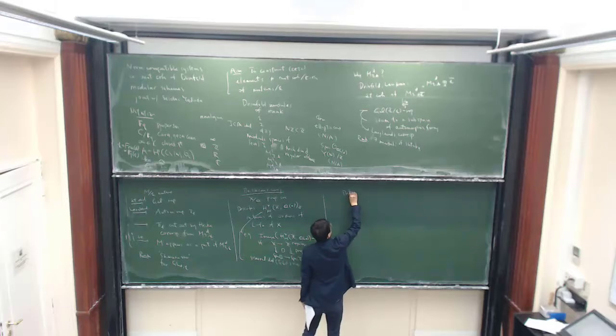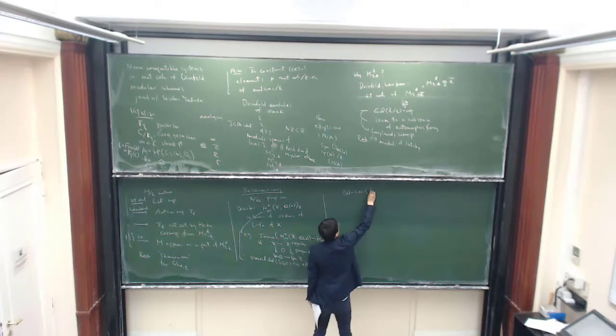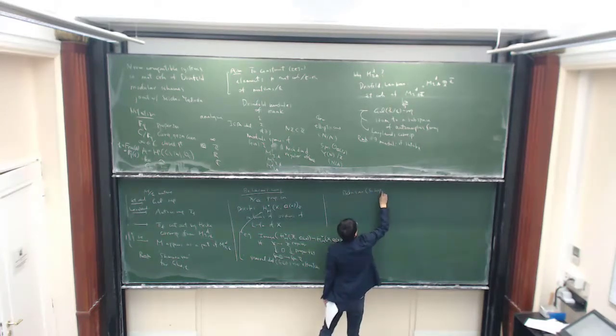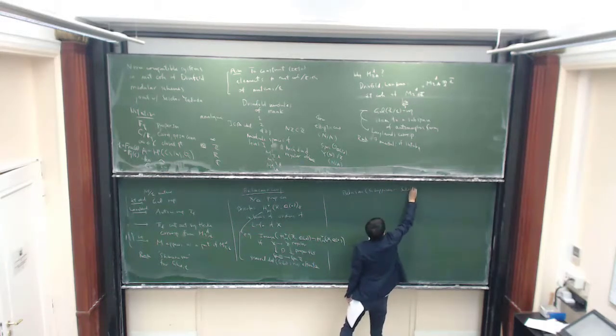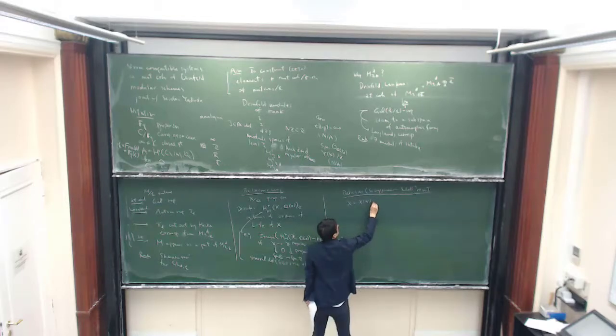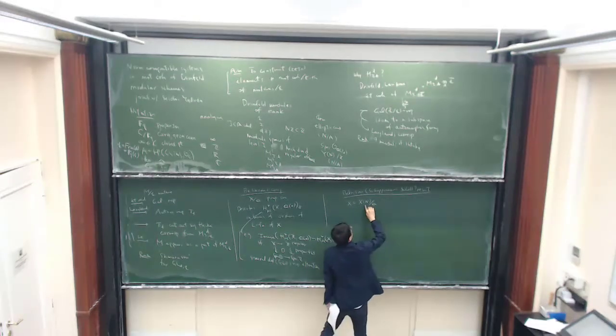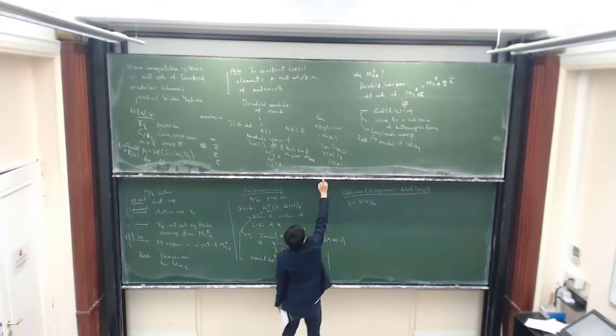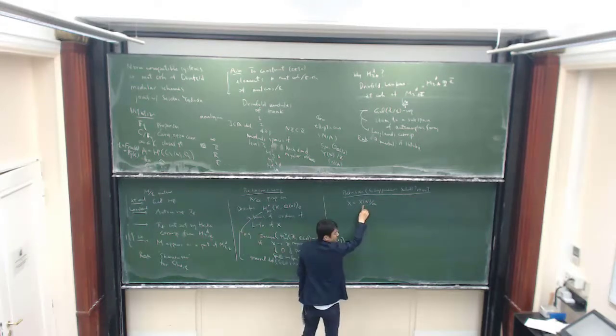Beilinson. This is the case where this is the modular curve. So this is without the cusps, and this is with the cusps, the compact curve.